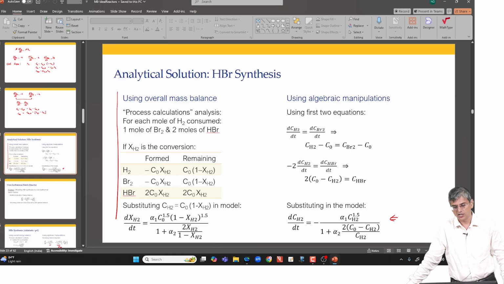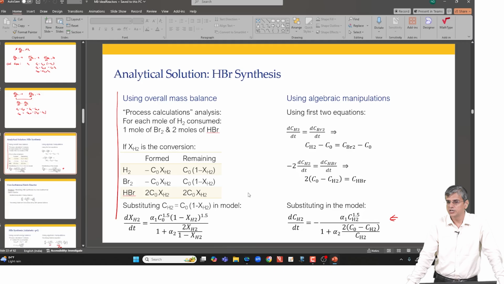When we are solving these type of expressions, we often use a convenient form that allows us to convert multiple equations into a single equation. So, we have either converted everything into conversion form, that means we have expressed everything in terms of XA, or we have converted everything in terms of CA and CA in, or CA and CA0.